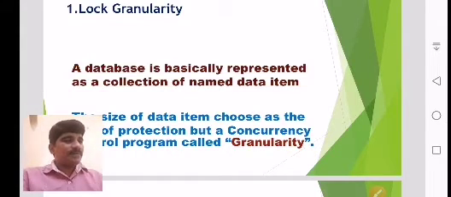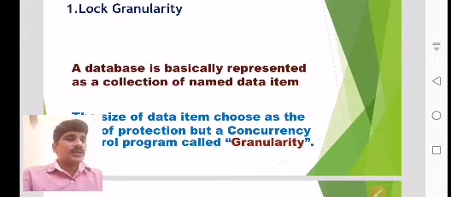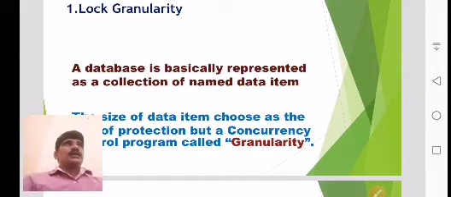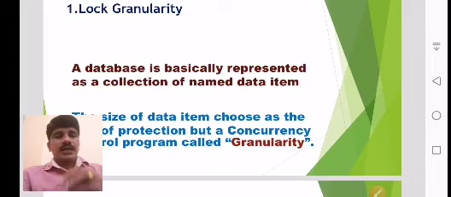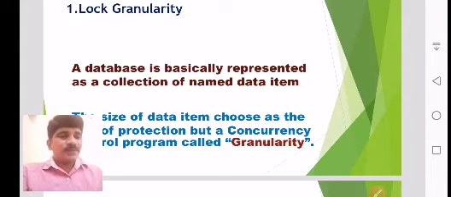Here, the database is a collection of related data items, and the size of the data item chosen as the unit of protection by concurrency control is called the cardinality.